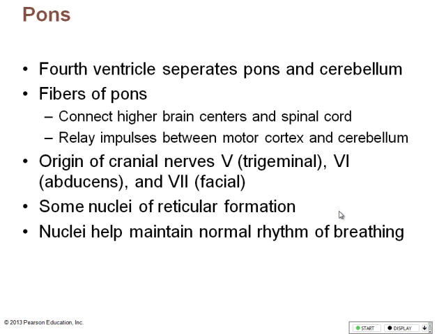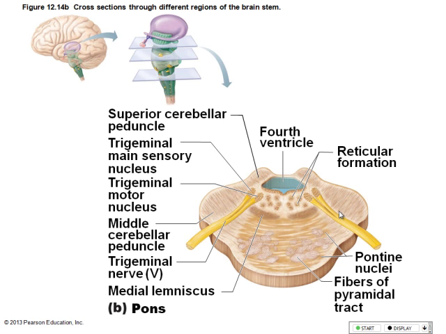Nuclei also found in the pons are going to help with the breathing and the rhythm of breathing. They're called the pneumotaxic and apneustic regions. Don't worry about that. We're going to talk about it when we talk about the respiratory system. But remember this discussion, because when those come up again, you know that they're going to be in the pons. Again, another map of that region.